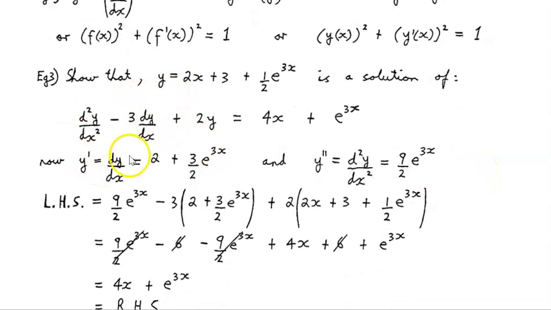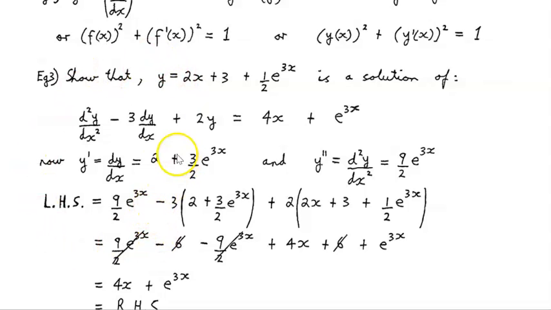Let's find the first derivative, dy/dx. The derivative of 2x is 2, the derivative of 3 is 0, and the derivative of a half times e to the 3x is 3 on 2 times e to the 3x. For the second derivative, the 2 disappears, and we're left with 3 times 3 on 2, which is 9 on 2 e to the 3x. Let's substitute them into the left-hand side.